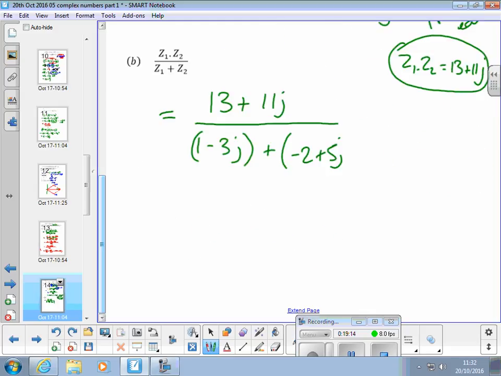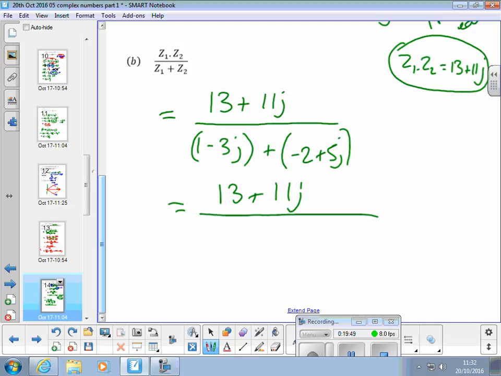So what we got to do there first? Yeah, that's the denominator. That's the result of Z1 times Z2 that we had earlier. What we got to do now? You've got to turn that denominator into one complex number. You've got to do that addition on the bottom first. So we've got 13 plus 11j on top.